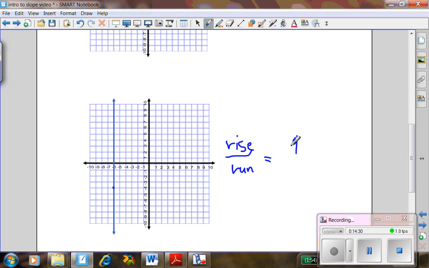I could go up 4. And then I don't go to the right, I don't go to the left, so that means my run is 0. If you tried to punch 4 divided by 0 into your calculator, it's going to tell you you have an error or a syntax error because it's not possible. And that, my friends, is where we get the term undefined. You can say UNDEF for undefined, and that's as far as you can go.